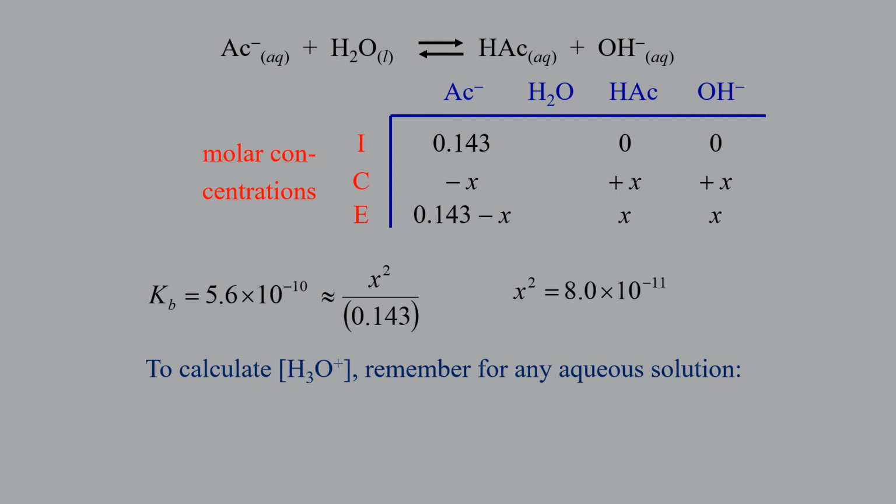That's going to give us X squared equal to 8 times 10 to the negative 11, which gives us an X of 9 times 10 to the negative 6, which is equal to the hydroxide concentration. Remember that Kb is equal to the acetic acid concentration times the hydroxide concentration, divided by the acetate concentration.